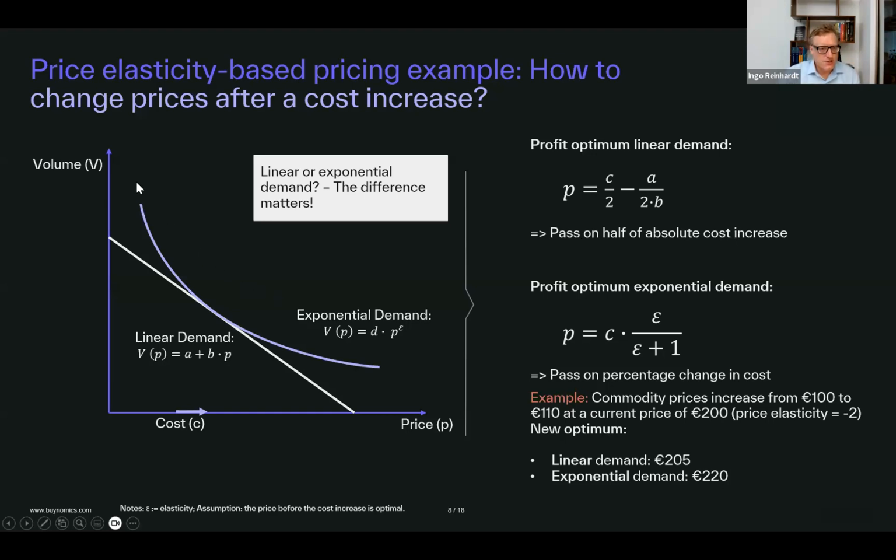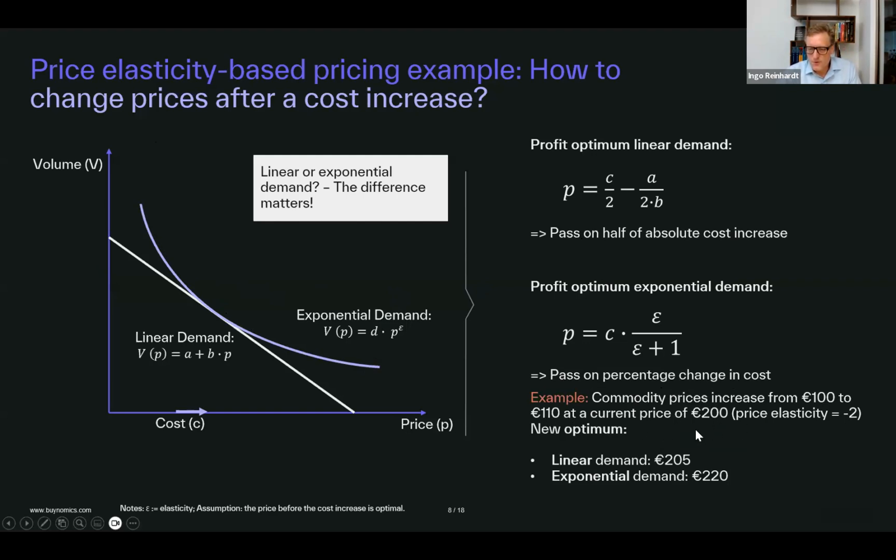Whereas if we have exponential demand, so this function here, also the one that we had on the previous page, where the price elasticity is constant, that means we always pass on the percentage cost change. And that can produce quite a difference already. Let's say in the previous example, we had costs of 100 euros, and the cost increased from 100 euros to 110 euros.